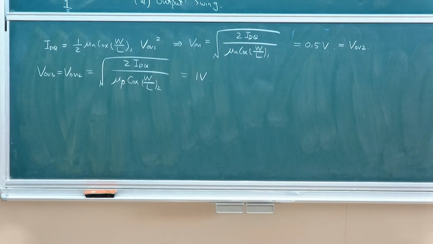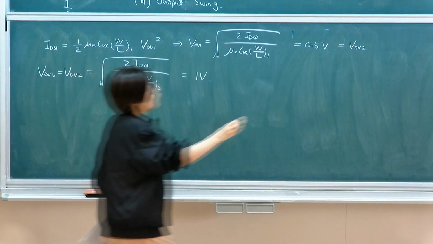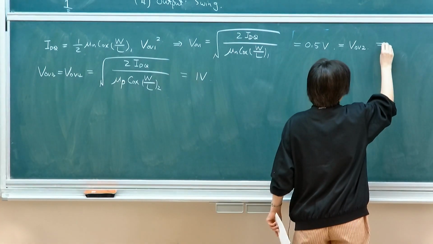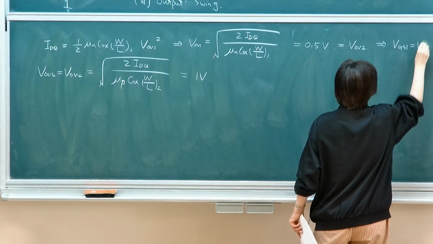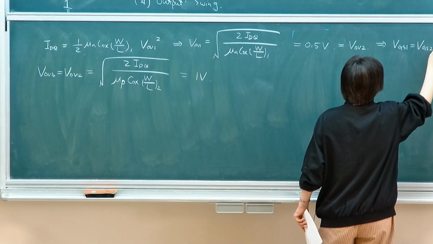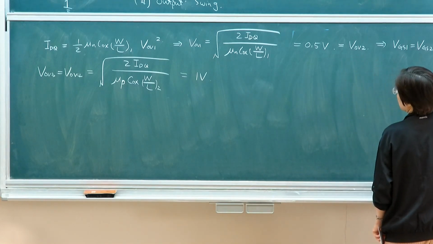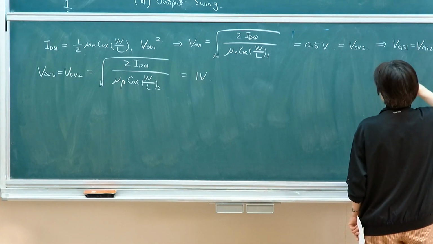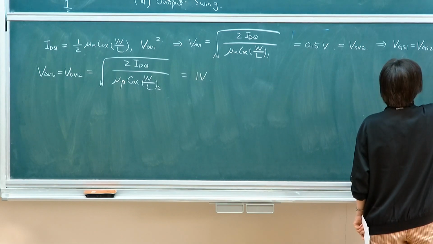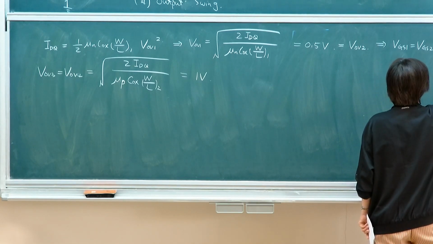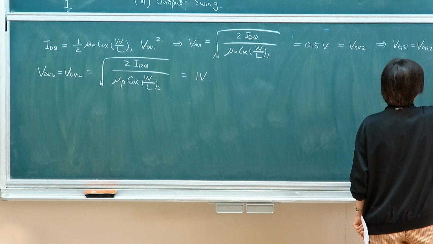Once we know the overdrive, VGS1 equals VGS2 equals overdrive plus threshold, which gives me 1 volt.